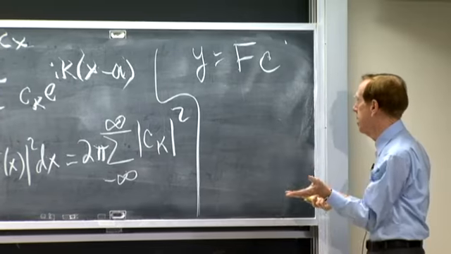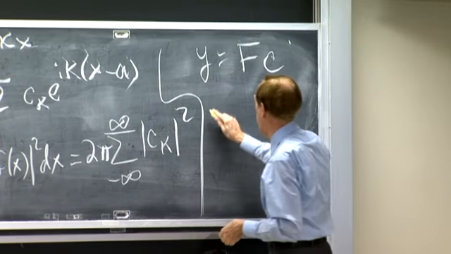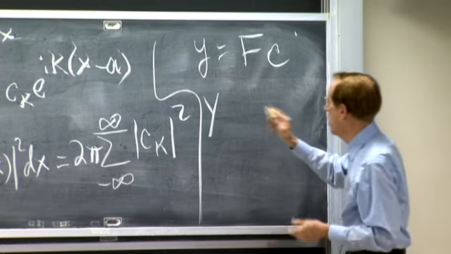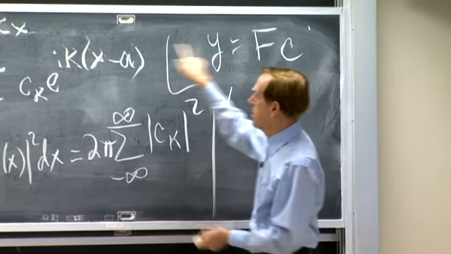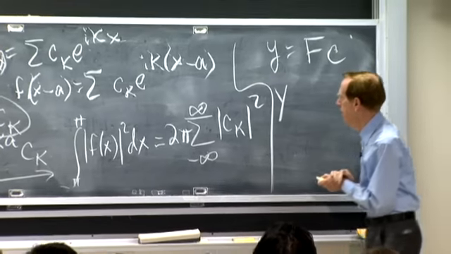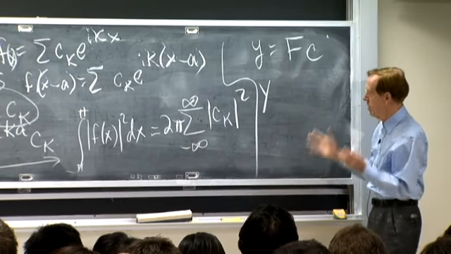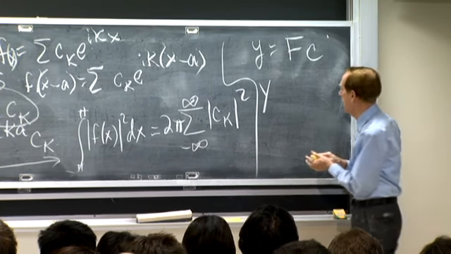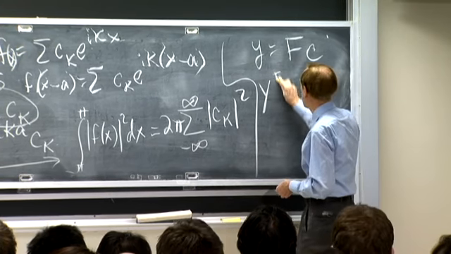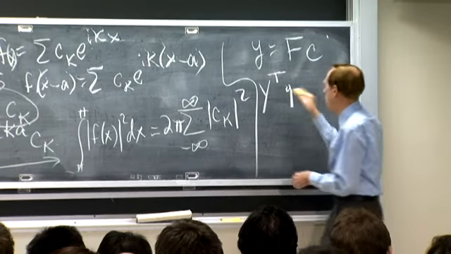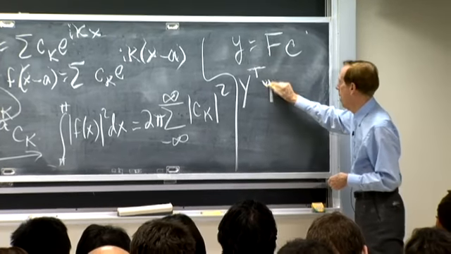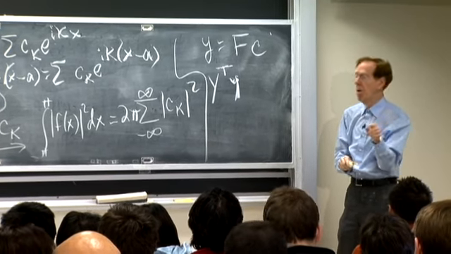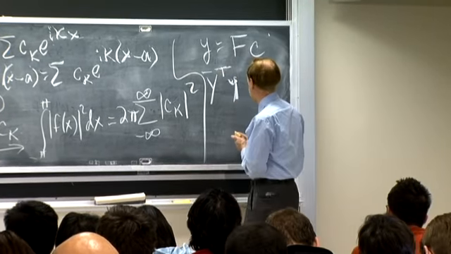Now if I take the length squared of y, I'm going to find the length squared, which will be y transpose y. No, it won't be y transpose y. What is length squared? Y bar transpose y. I have to do that right.